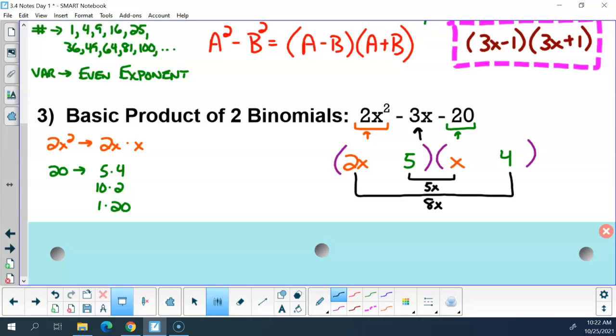So I have 5x minus 8x to give me negative 3x. So I need this one to be negative, which means this one needs to be negative, and this one would be positive.